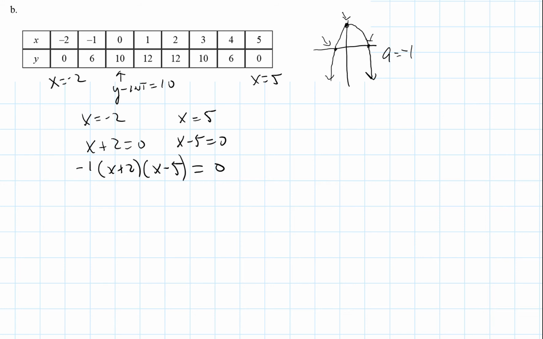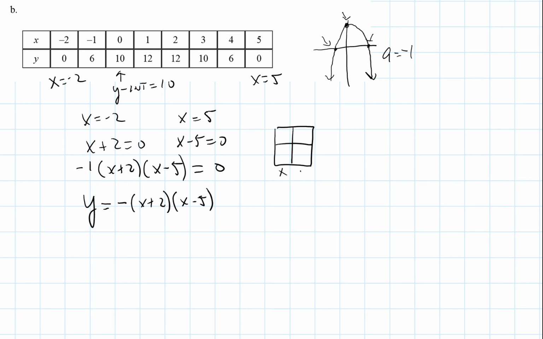And so our equation would look like y equals negative times x plus 2 times x minus 5. That's in factored form. We could also multiply those.